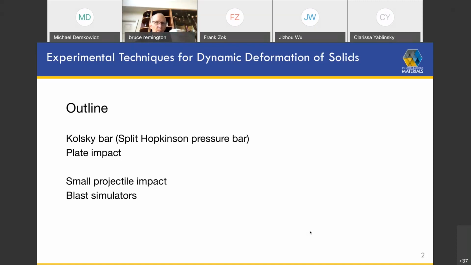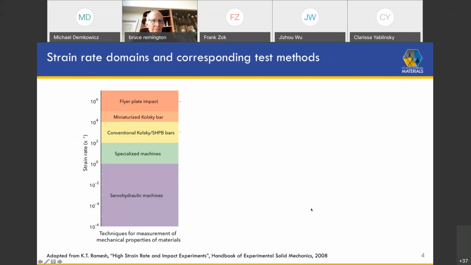And the latter two include small projectile impact and methods for simulating blasts in the laboratory. That is, imposing pressure time histories that reflect those that you would get from a blast situation. Okay, so let's start with the first two of these.